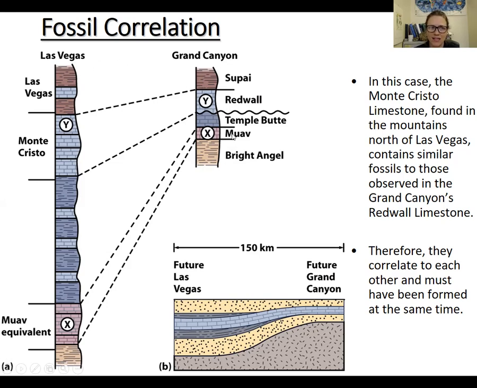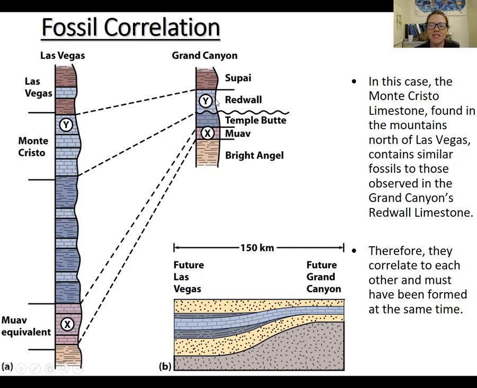So the Grand Canyon in Arizona and Las Vegas in Southern Nevada have some similar layers, although there are a lot deeper layers in the Las Vegas area compared to the Grand Canyon area. But we can look at the Monte Cristo limestone formations outside Las Vegas and the Red Wall limestone formations in the Grand Canyon.